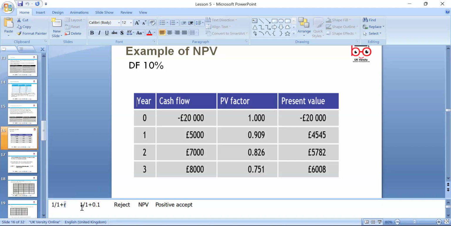So if you do 1 divided by 1 plus 0.1, which is 1.1, your answer will be 0.909. If you carry on dividing by 1.1, in year 2 it will be 0.826. In year 3, it means the £1 value will drop down to 90 pence, 82 pence, and 75 pence in a nutshell.